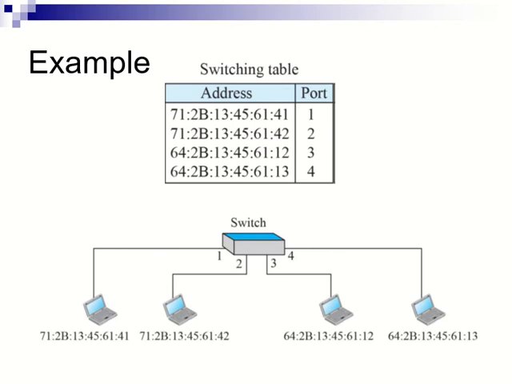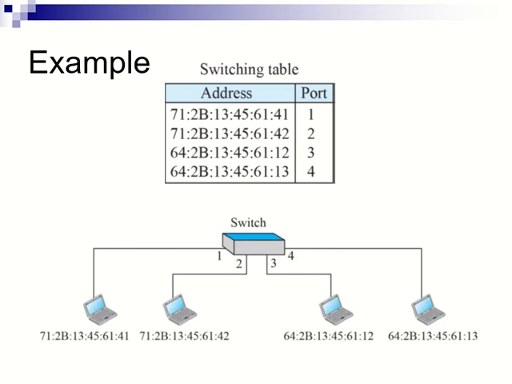If a frame destined for station 71.2b.13.45.61.42 arrives at port 1, then the link layer switch consults its table to find the departing port.